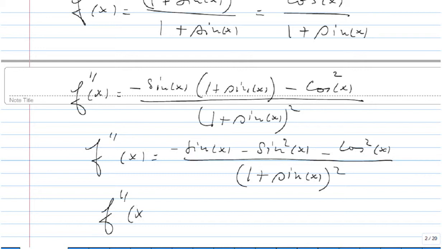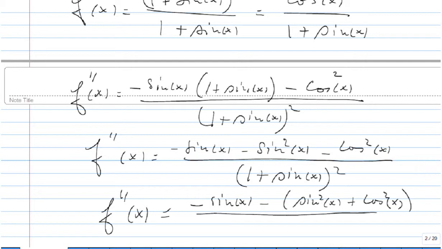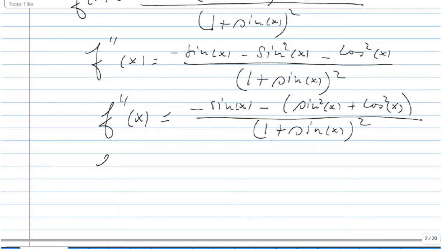And this will give us minus sine x minus sine squared plus cosine squared over 1 plus sine of x squared. And as you can see, sine squared plus cosine squared is the fundamental formula of trigonometry. That's 1.